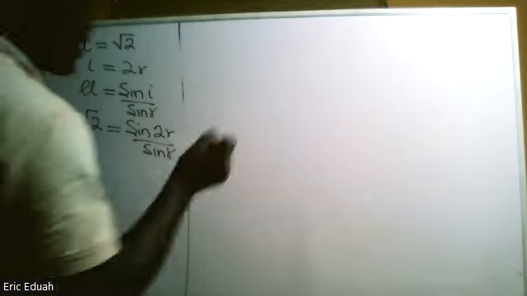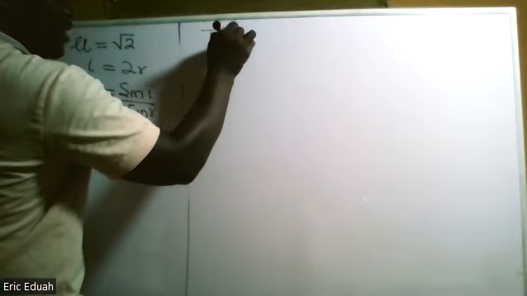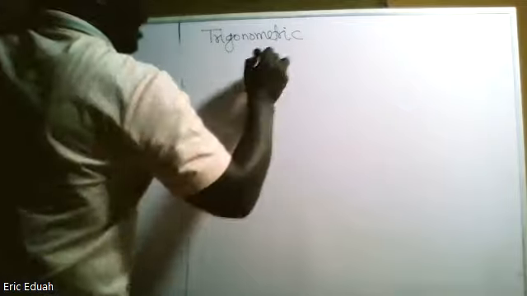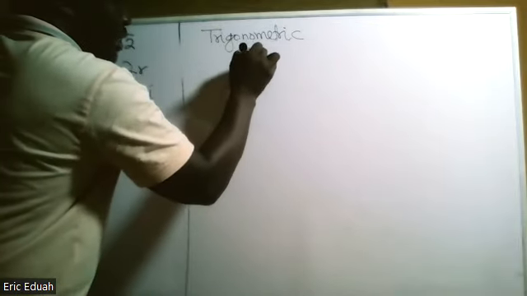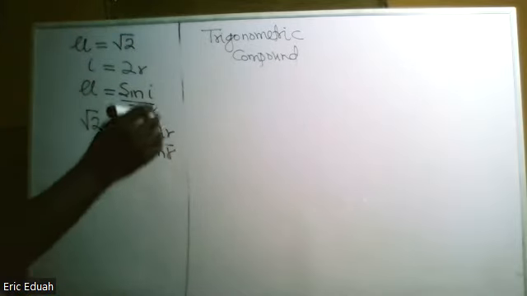So, in the trigonometric identity, if you have a compound angle, compound because here we don't have just one angle, we have double.